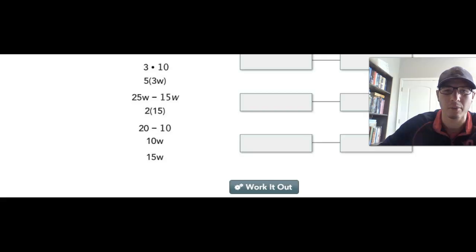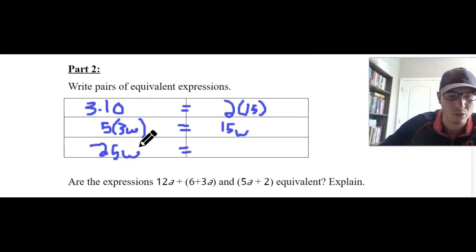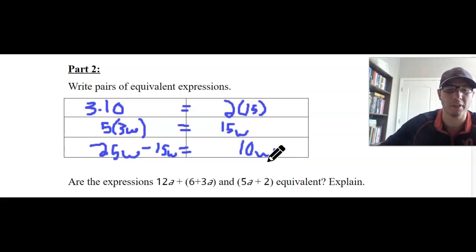So let me go back. 25w minus 15w is going to give us 10w. So these would be equivalent. 25 minus 15 gives us 10w.